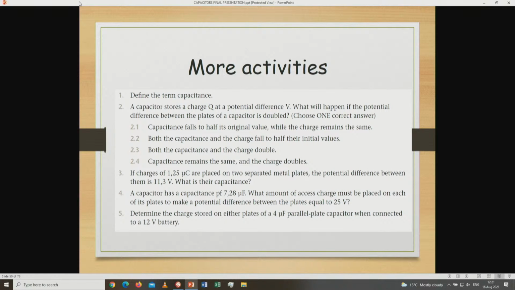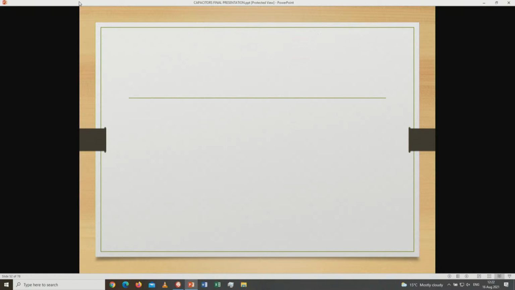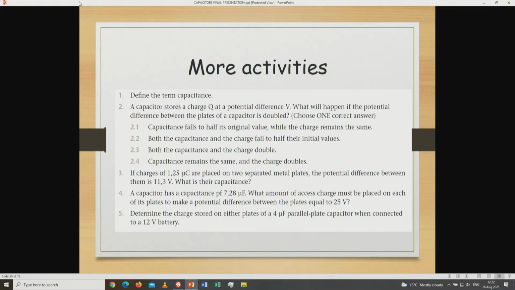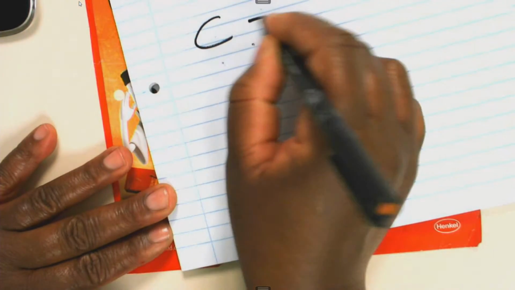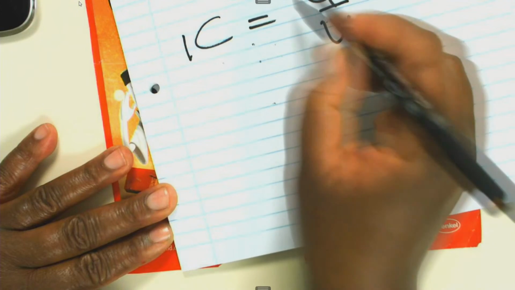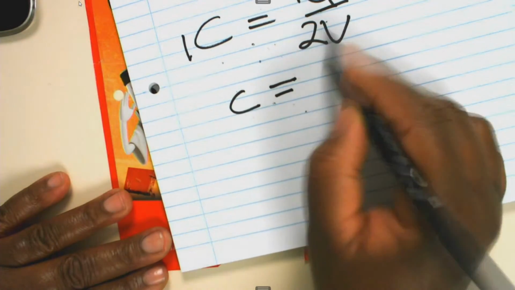Now, the charge is kept constant and we double the potential difference.